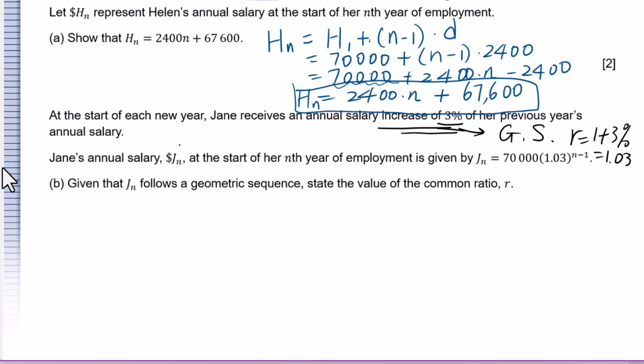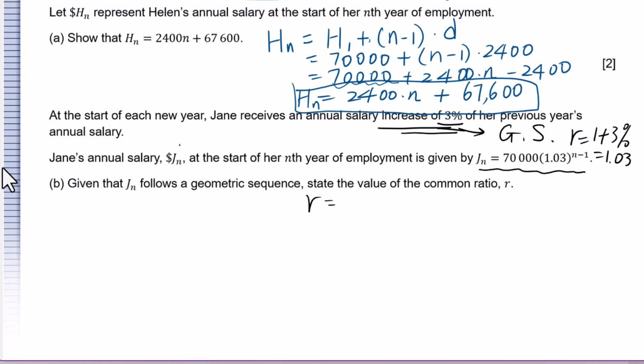Jean's annual salary, G sub n, at the start of her nth year of employment is given by this function. Given that G sub n follows a geometric sequence, state the value of the common ratio R.